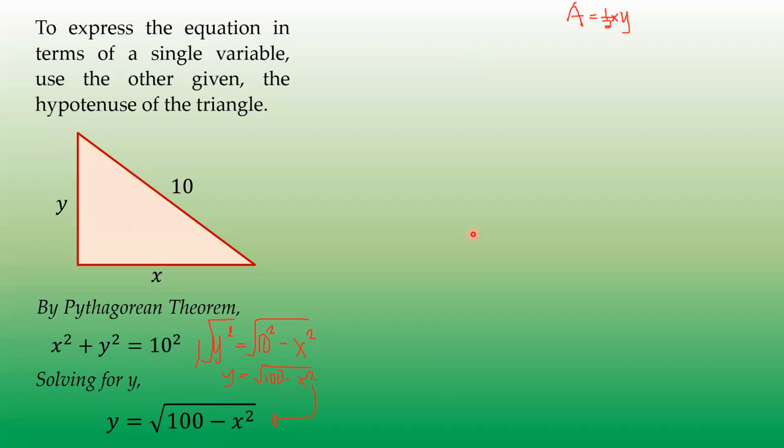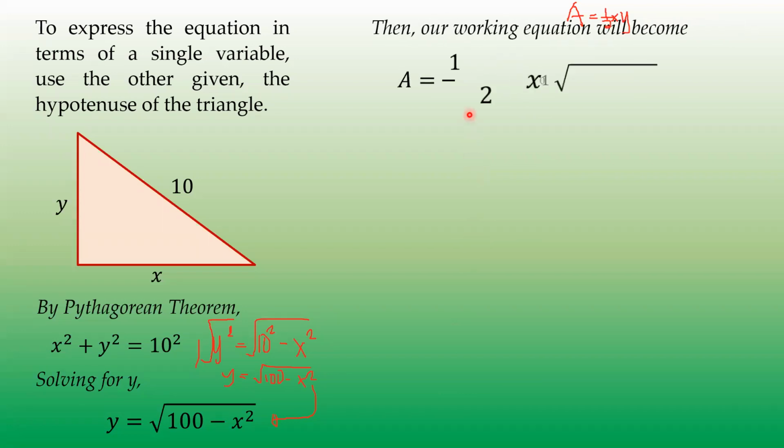Papalitan natin ngayon yung equation ng area. So our equation will become 1/2 x times y, kasi ang y ay square root of 100 minus x squared. So yun yung ating working equation when expressed in terms of a single variable.